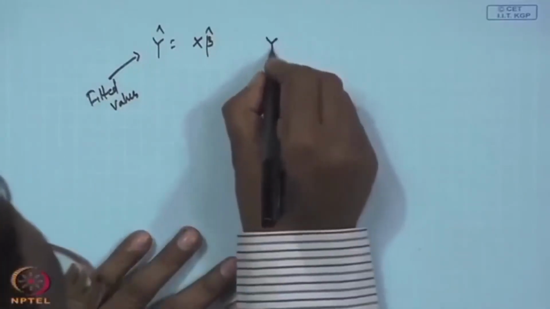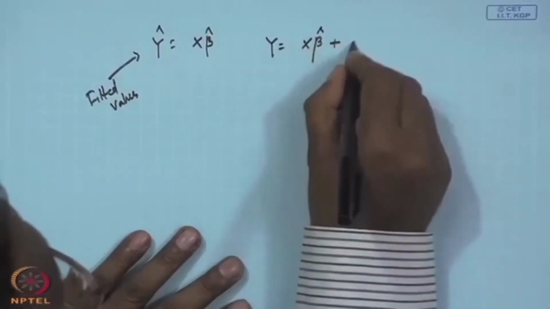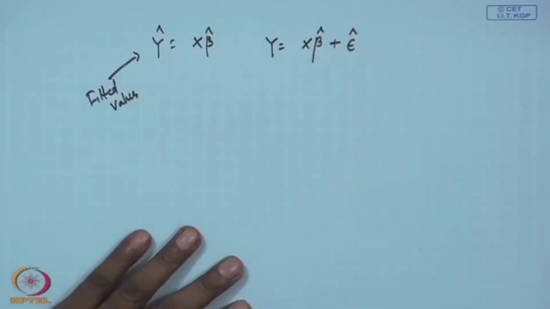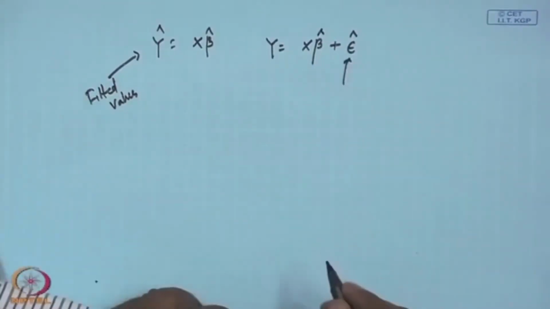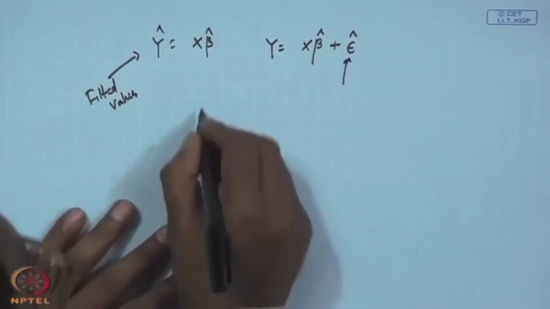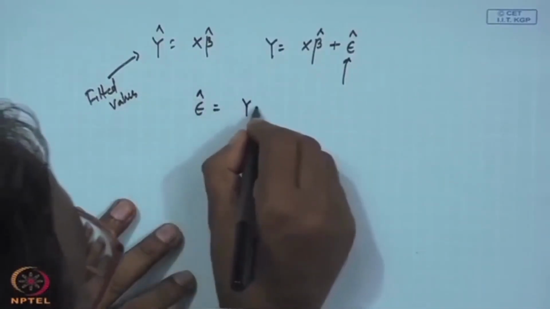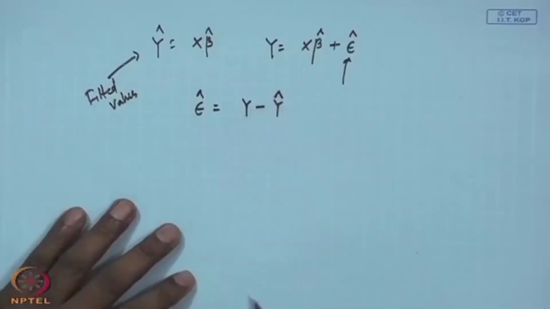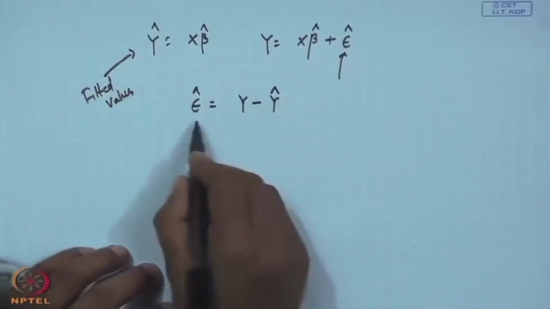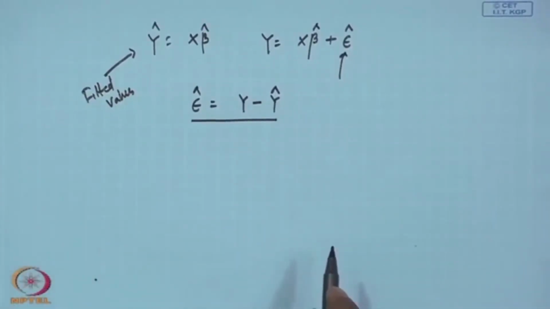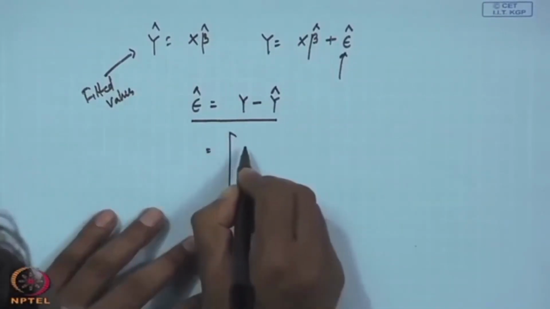So your original observations are y equal to x beta plus epsilon, because from the parameter estimation point of view you have to estimate this epsilon also. So from these two we can write epsilon cap is equal to y minus y cap, and you require to find that out.